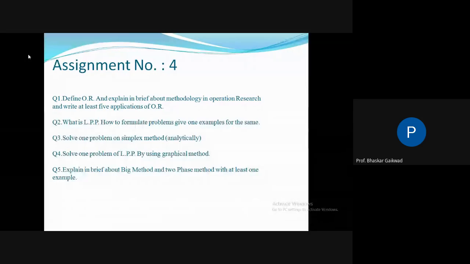This is the first step of the methodology. Then the second part of this methodology is to formulate the mathematical models. Whatever problems are there, for example, three machines are there and their production quantities are 1000, 2000, 3000. So these are numerical problems.